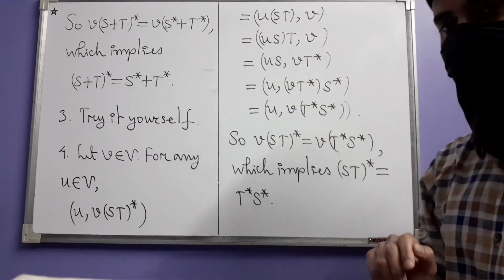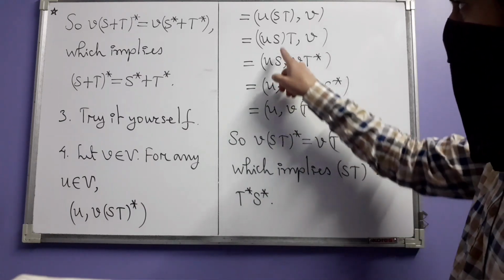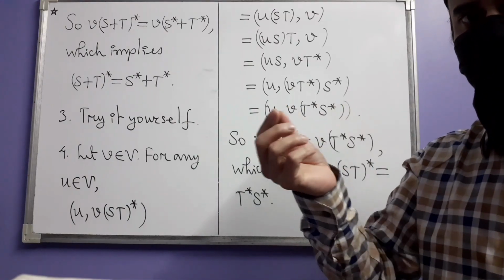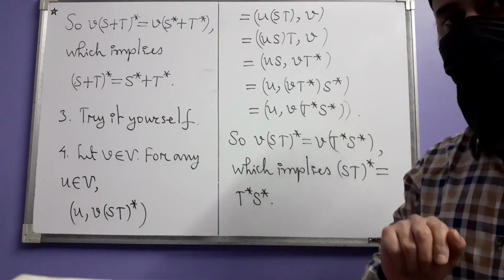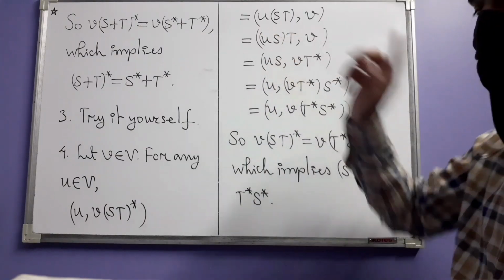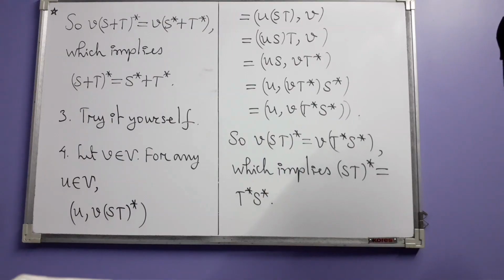What does ST mean? What does it mean to apply ST on the vector U? It means that first you apply S, you get another vector which is US. On that, then you apply T. So that is why we write like this. We re-bracket this entire thing differently. So this is the meaning of this.